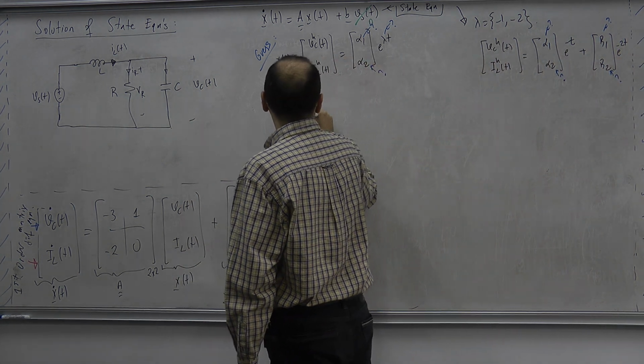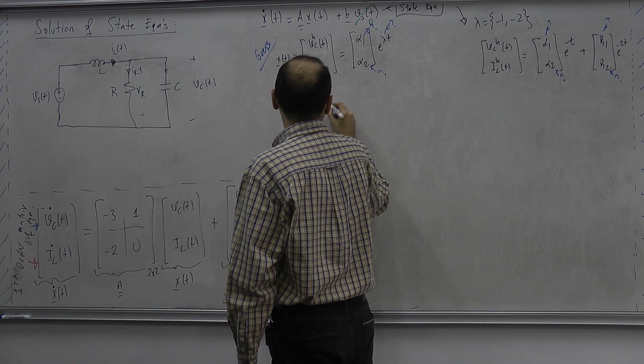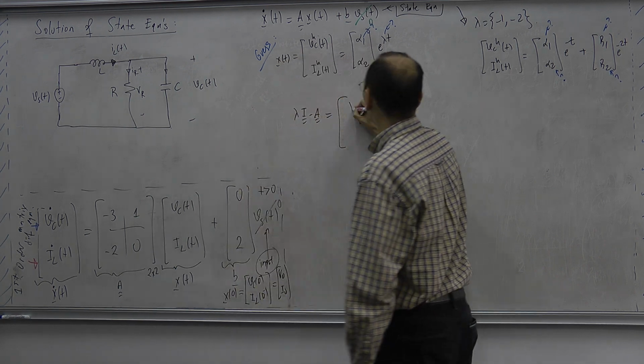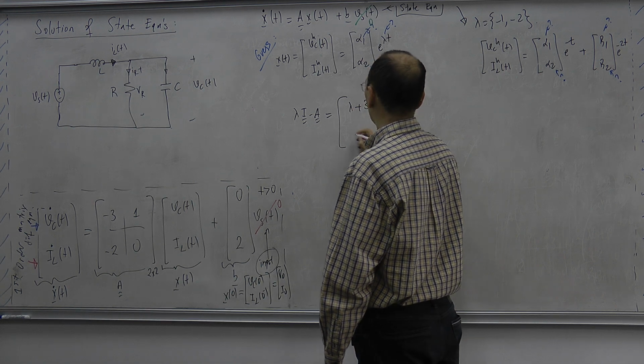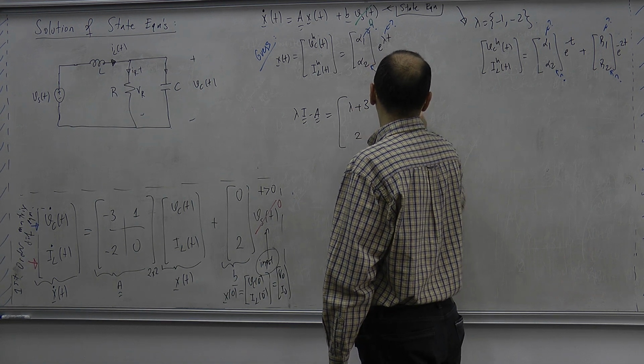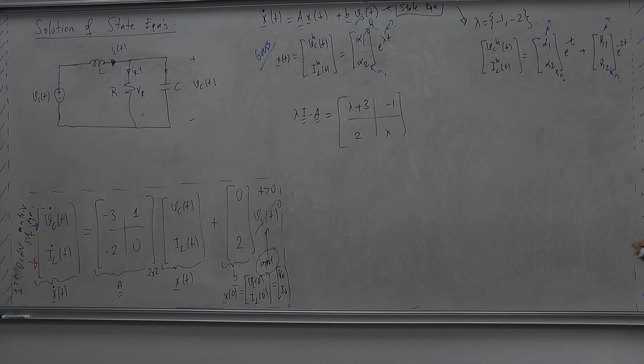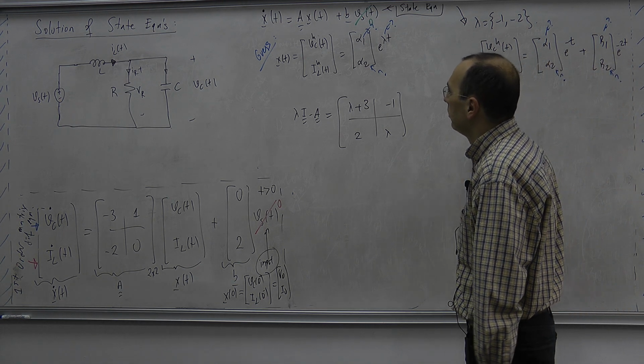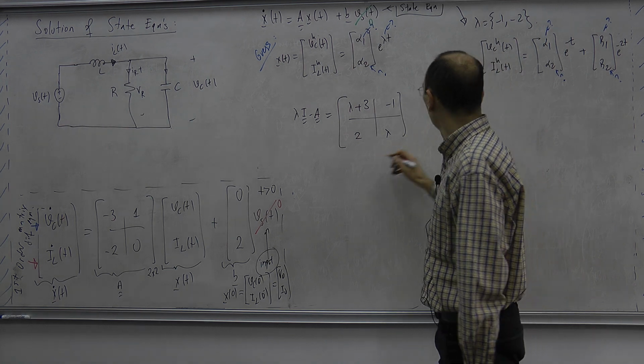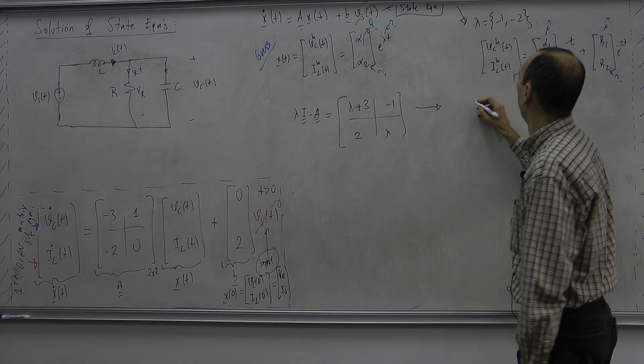So again, let's write this a little bit fast. Lambda I minus A. Okay, it is this. Now, what was the case? So I'm looking for the following, isn't it?